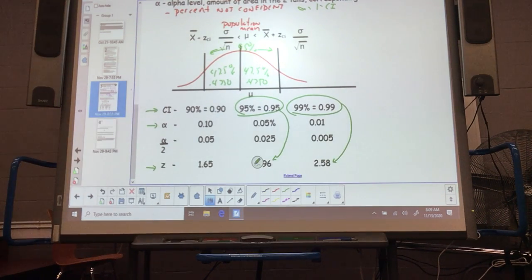You will have a table that you'll use for the next test. You'll be able to pull these z-values off of it. You will not have to memorize them.